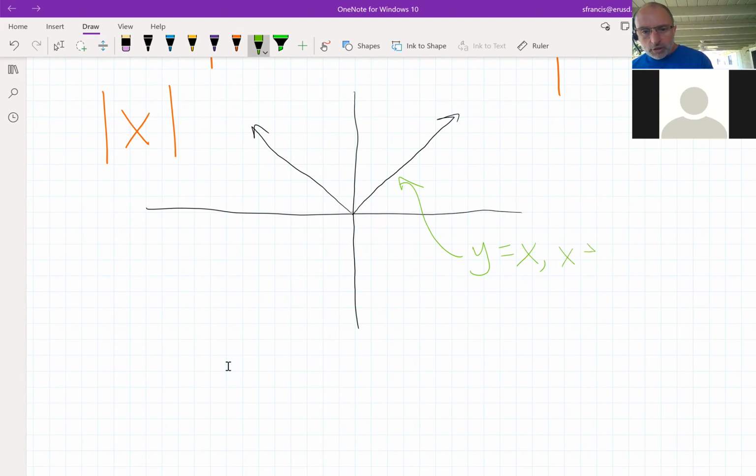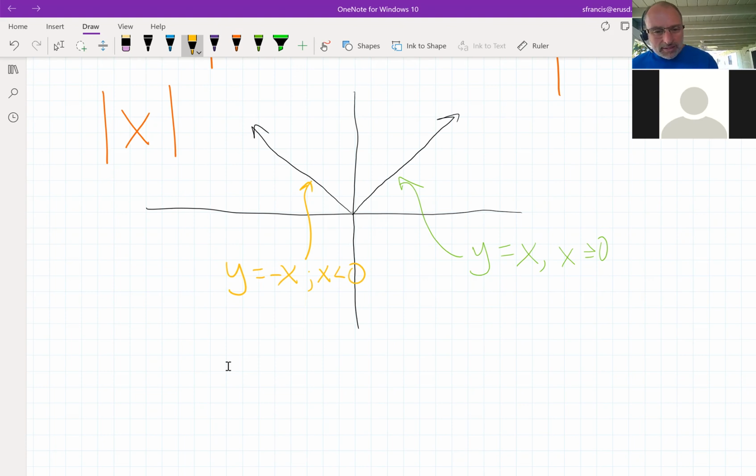It's only for values of x that are greater than or equal to 0. But what about this piece on this side over here? Well, this is just a line. It's got a slope of -1. It also hits the origin, so it's negative x. But it doesn't keep going over here into the fourth quadrant. It's only when x is less than 0.